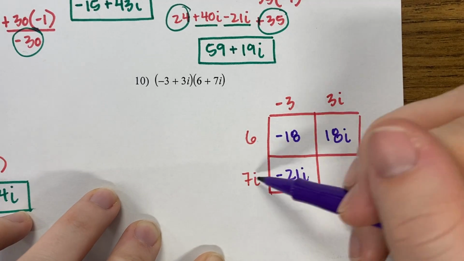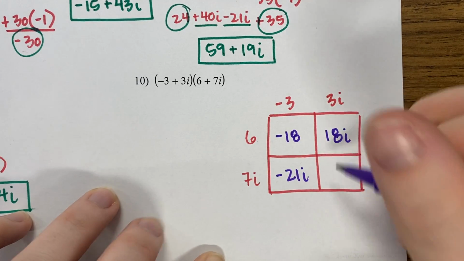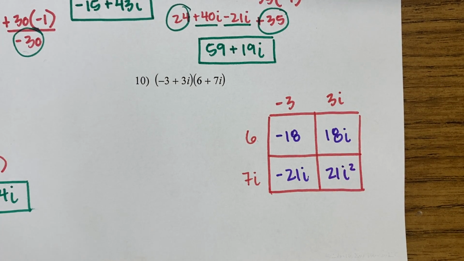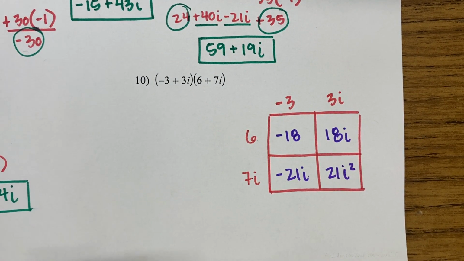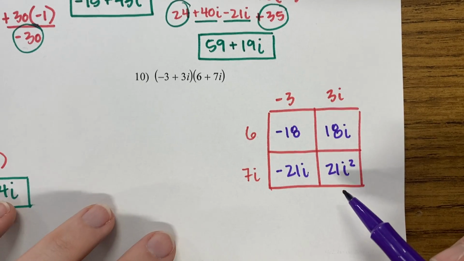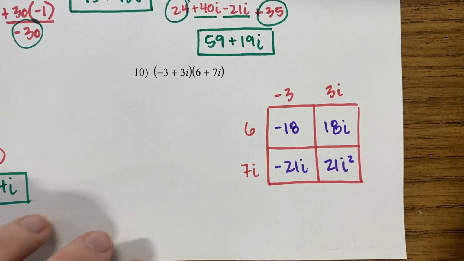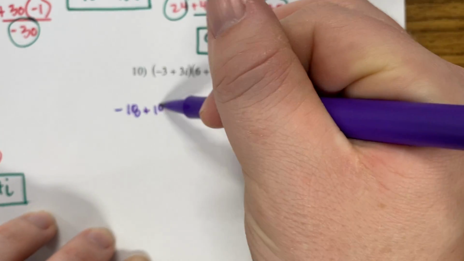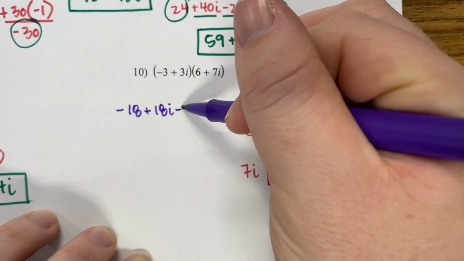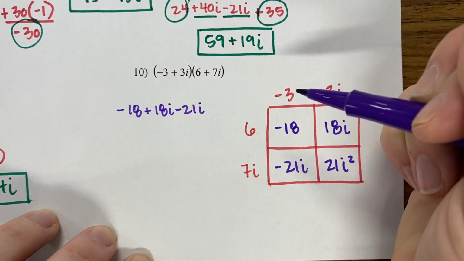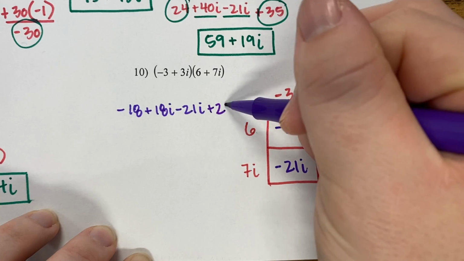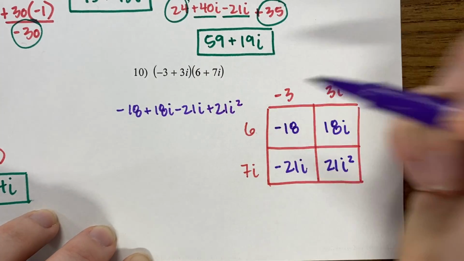And then 3i times 7i, it's going to be 21i squared. Before we go into our i squared rule, let's just write this out in the order that we solved it. So I have negative 18, positive 18i, minus 21i, and positive 21i squared.